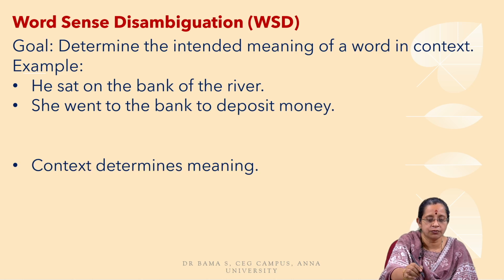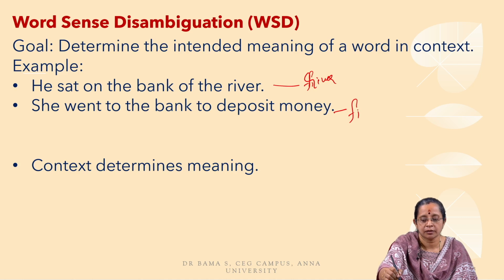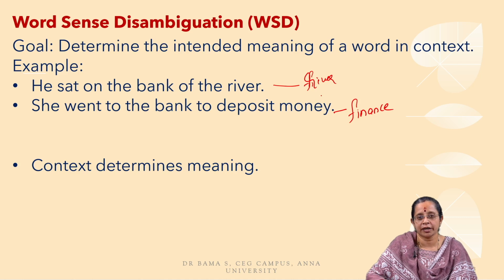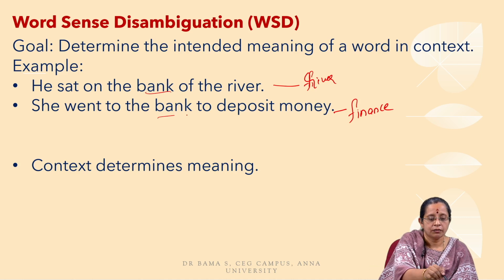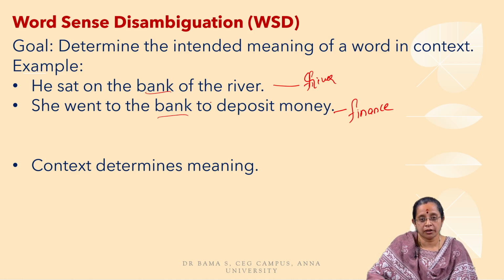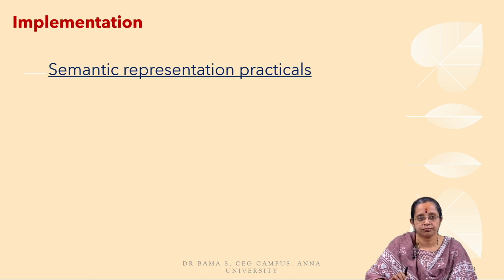One context is with respect to the river, and the other with respect to finance. So, we have to identify the context, and based on it we can see which bank the statement belongs to.